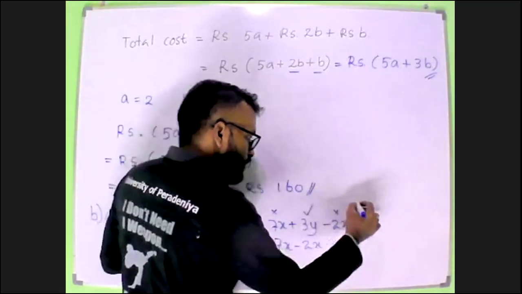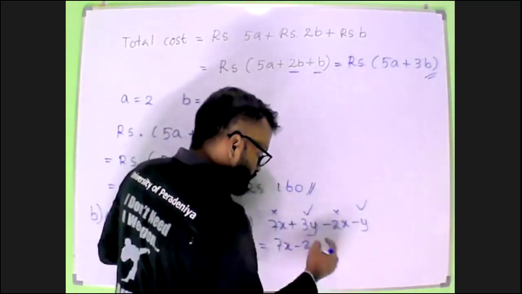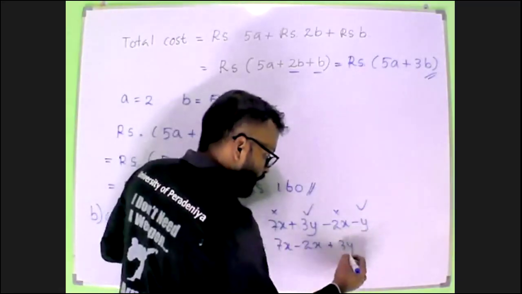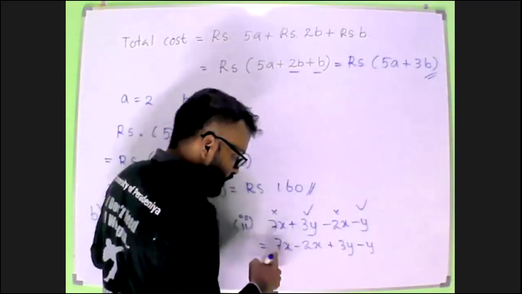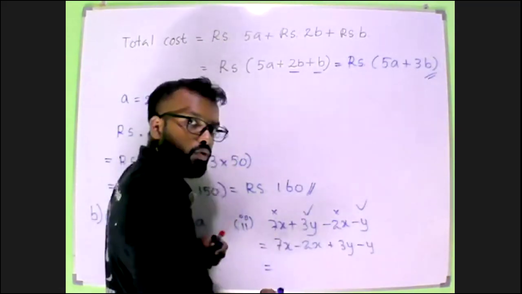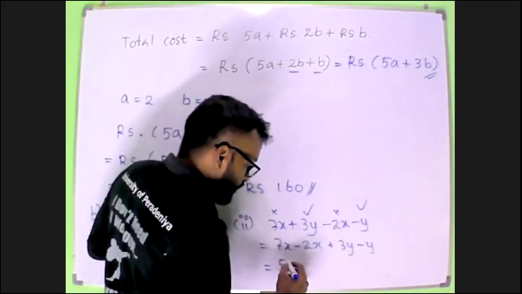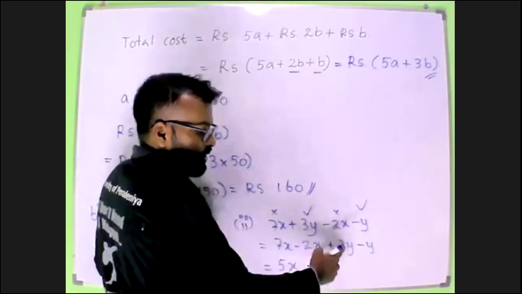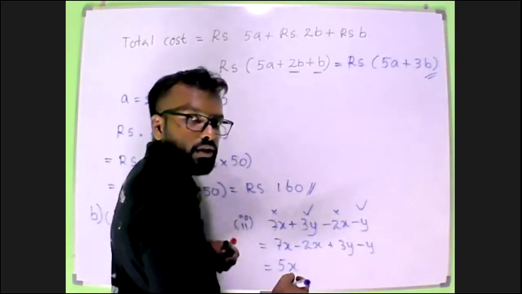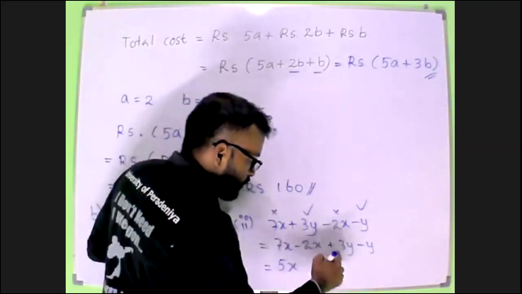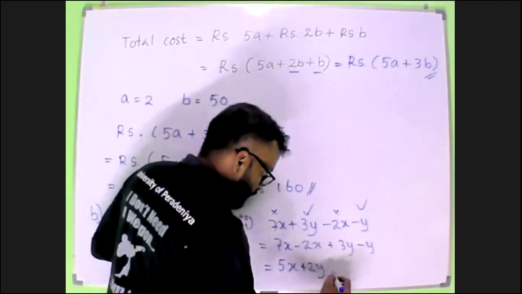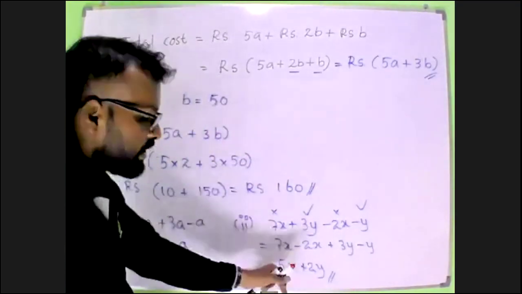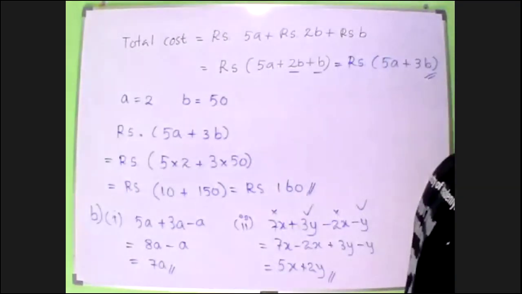Then y: plus 3y minus y. So let's simplify. 7 minus 2, 5x. 3 minus 1, 2y, so that is positive 2y. So this should be the answer for part B, second one.